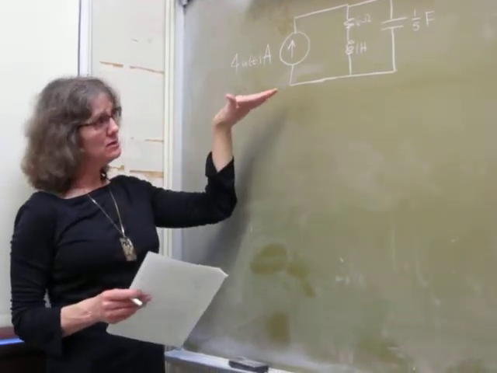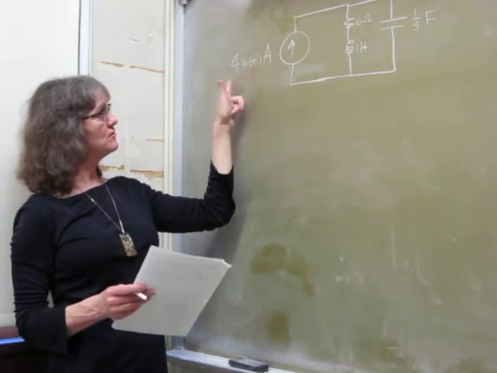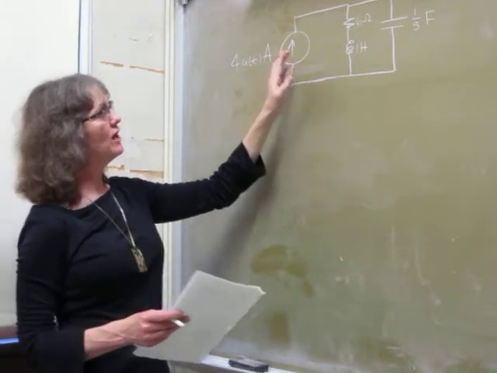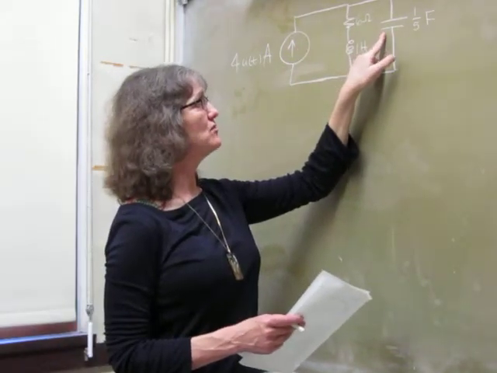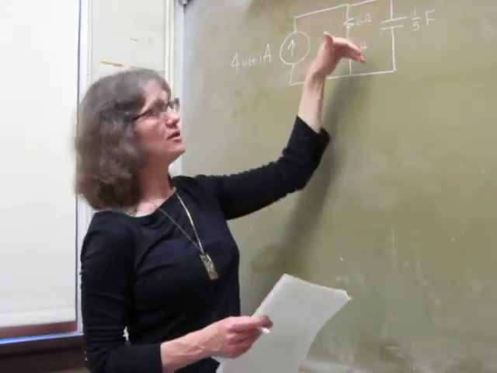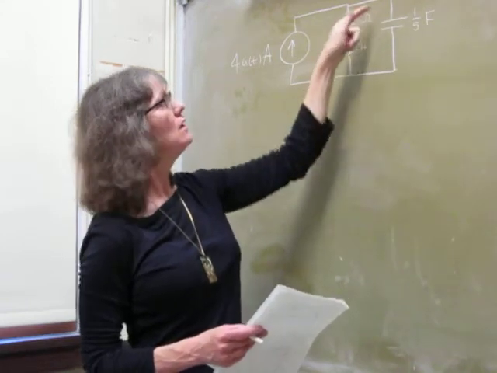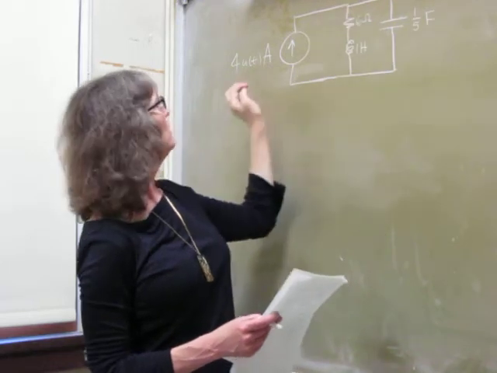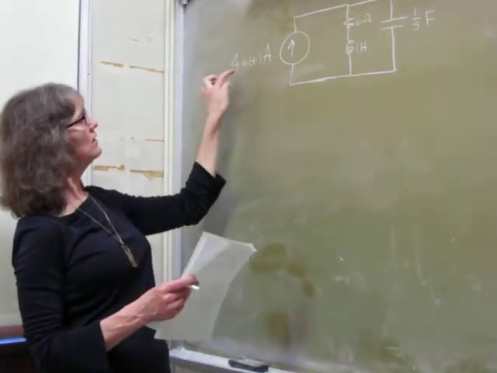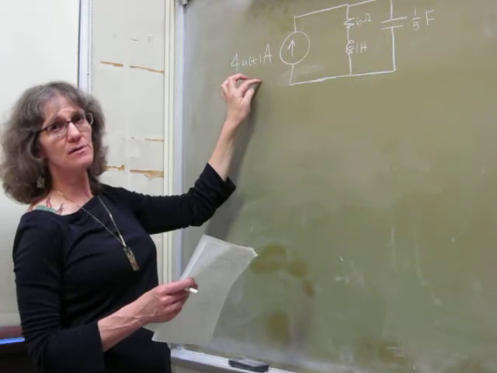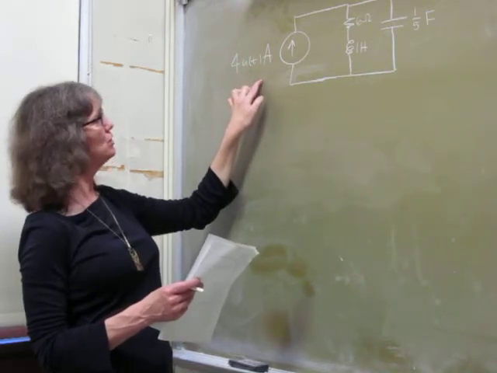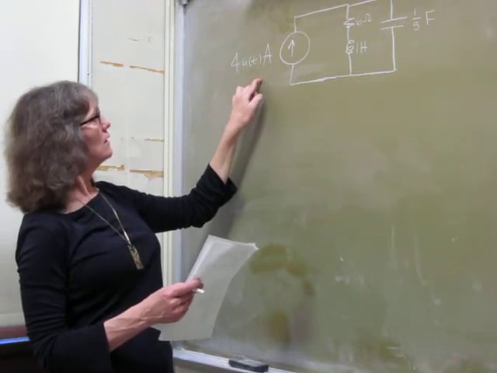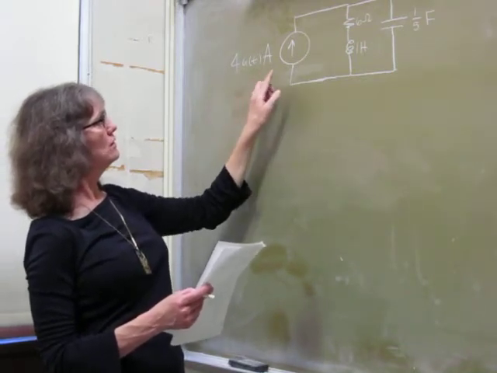Once this current source is switched into the circuit, we want to find what the voltage across this capacitor is. We know there's going to be a natural part of this solution, because it's going to build up charge on the capacitor. The voltage is going to build until, and notice this is a constant source, it gets to the forced part of the solution, which I can almost do by inspection.